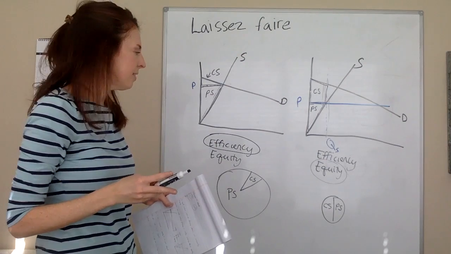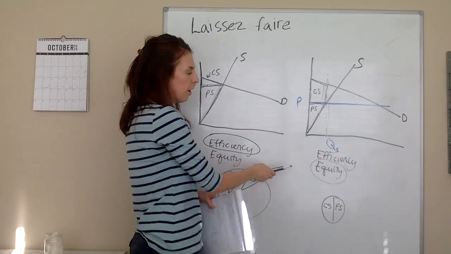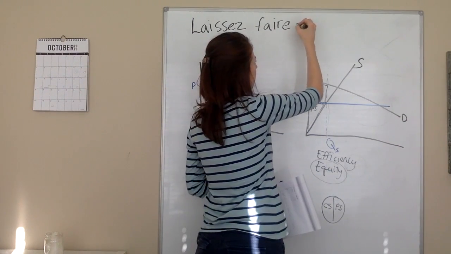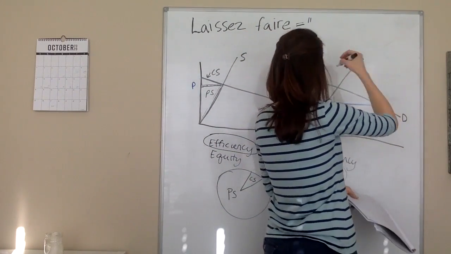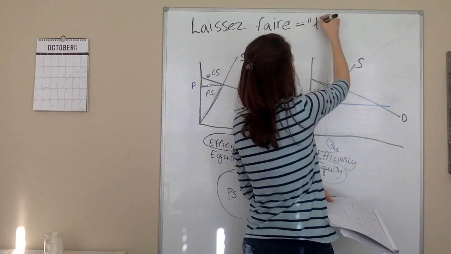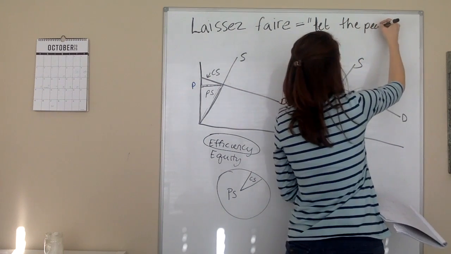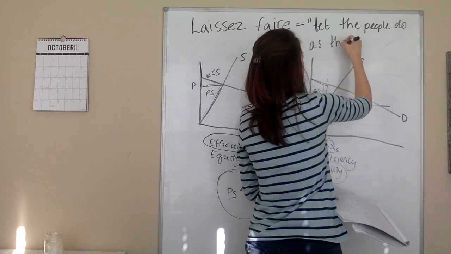That basically means that they're in favor of prioritizing efficiency over equity. So the literal translation is: let the people do as they will.